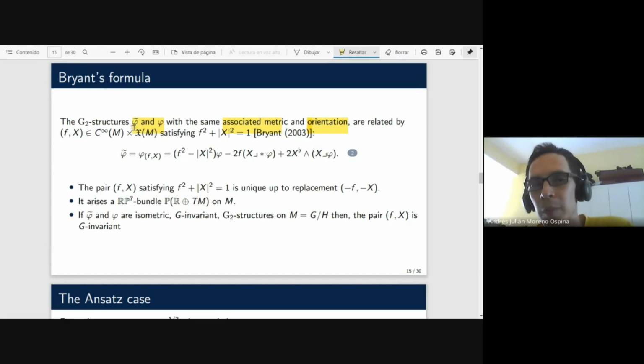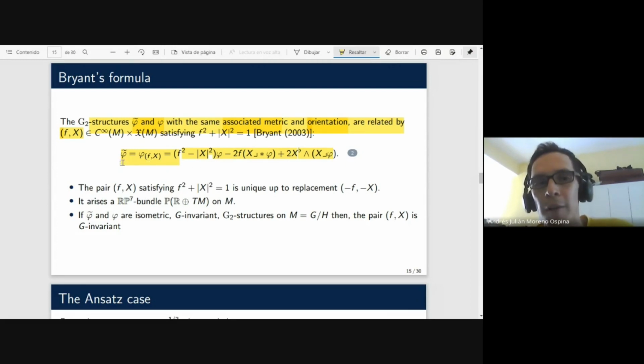All the isometric G2 structures are parameterized by a function and a vector field. So you use just a function and a vector field, and this equation parameterizes all the isometric G2 structures.